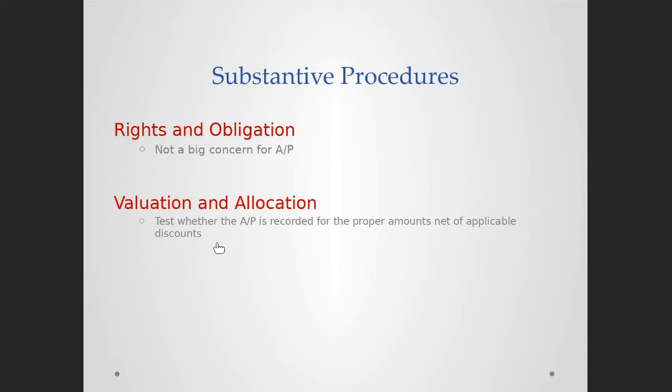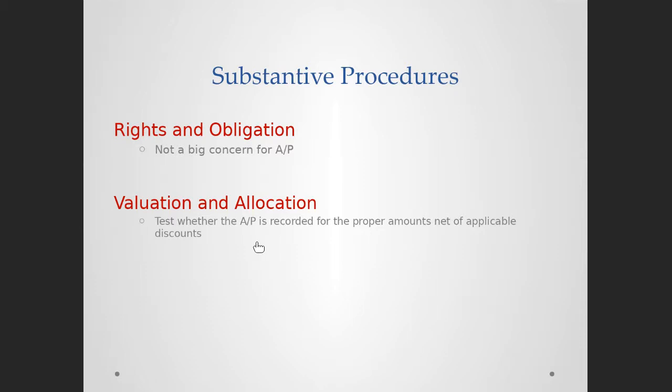Valuation and allocation is the next one. We test whether the accounts payable is recorded for the proper amounts, net of applicable discounts. Let's say there is an arrangement with the supplier that says 2/10, n/30, and you see the client regularly taking those discounts and they have recorded the amount with the discount, and the amount is payable 7 days from the end of the year, no big deal, it's fine, right?